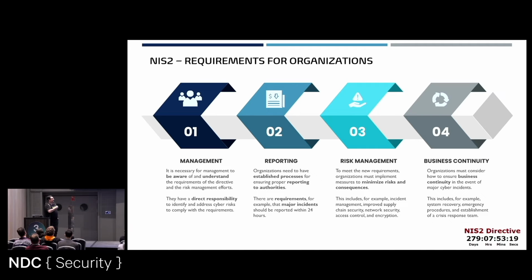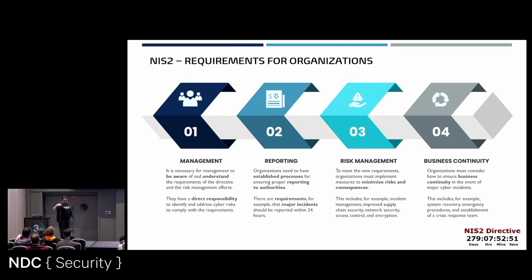Then reporting. Understanding that you need to have an established process on whenever you detect an incident: how do you report it, who do you report it to, what do you report and when, who's going to handle that communication, and so on. So making sure that you've got that process in place and that you understand how it works, so that you're ready once you're required to do so.